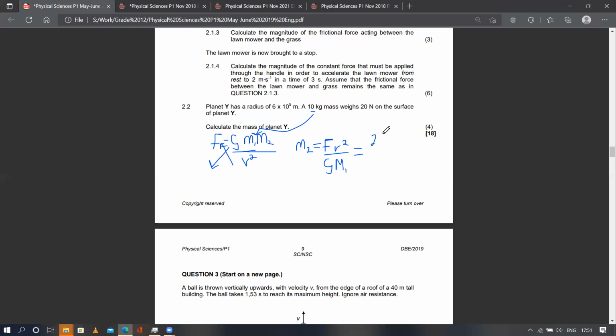So you're going to have your 20 newtons, your 6 times 10 to the exponent 5, which is going to be squared. Then down here, you're going to have your G, which is 6.67 times 10 to the exponent -11.